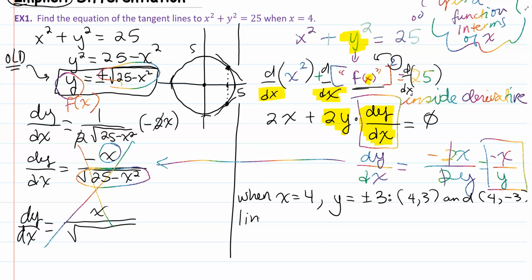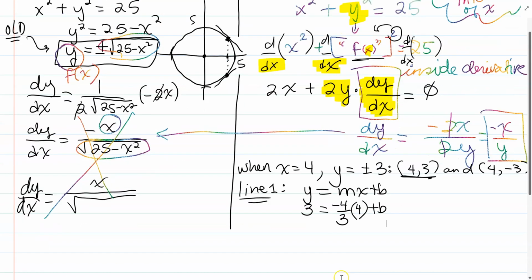So for line number 1, we would say y equals mx plus b. m is -x over y. So for your first point, m would be -4 over 3. x is 4 and y is 3 plus b.